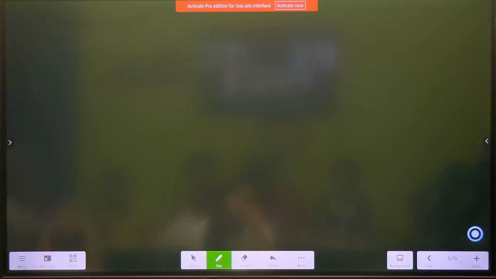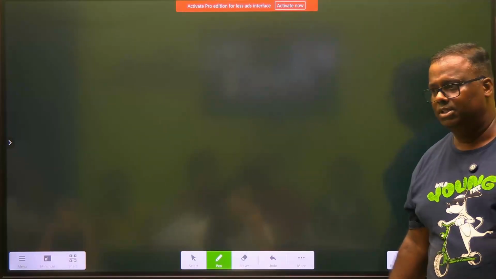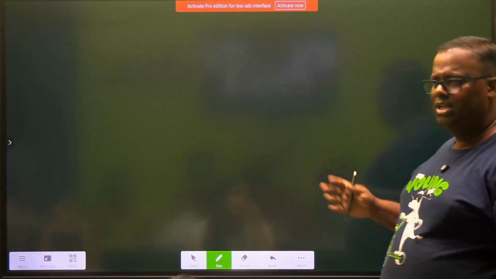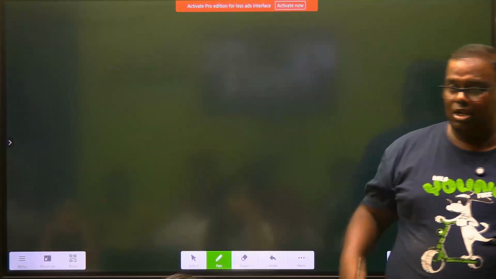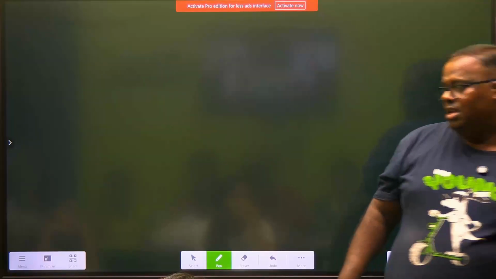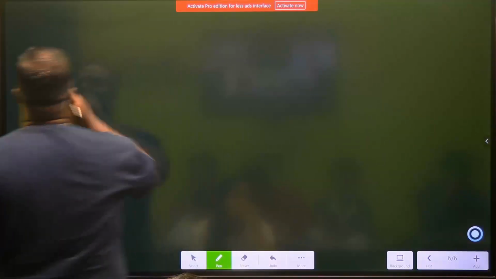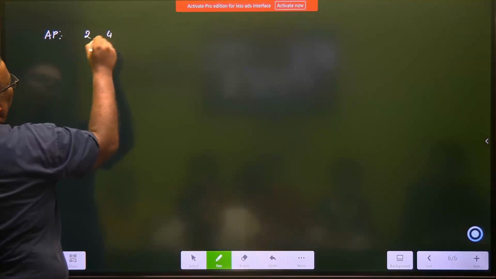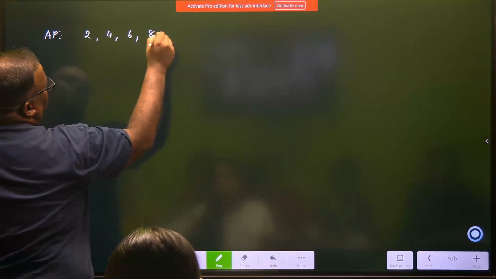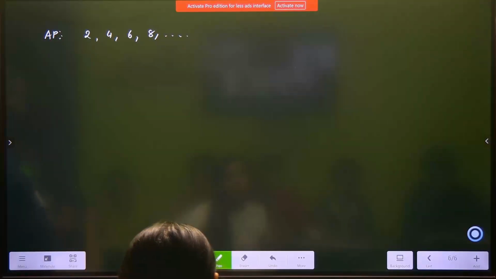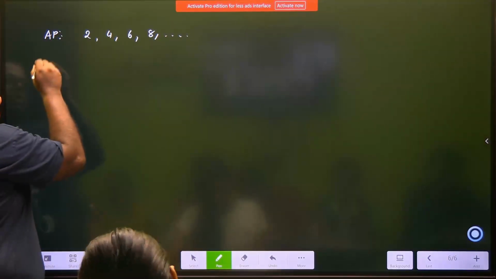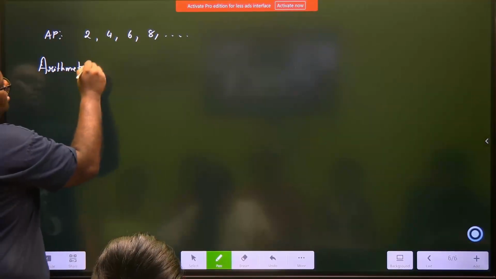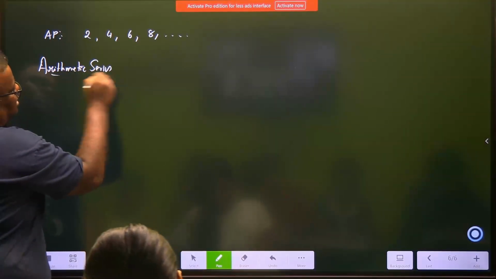After this we will have one more concept which is called the sum. Okay? So rather than solving problems today, shall we dive at the sum problem also? So let's look at the sum. Now when you take an AP, suppose I have an AP. My AP is 2, 4, 6, 8, and so on. Agreed?